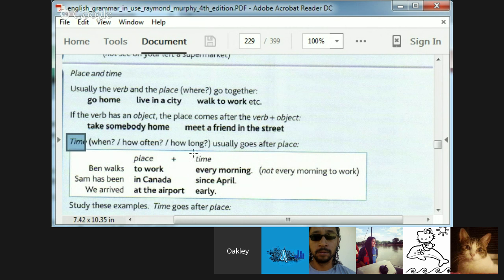Okay, the when, the how often, or the duration, how long, usually goes after place. So, for example, "Ben walks to work": Ben, subject noun, walks, verb, to work, the place, then the time. This is another area where I often hear mistakes from language learners.